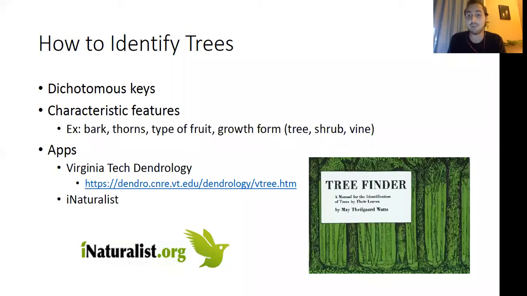The app is somewhat of a combination of a dichotomous key and iNaturalist, where it will use your location as well as a selection of features that you choose that helps identify the individual you're looking at. The only difference between the two is that the Virginia Tech Dendrology does not use pictures to identify your tree. Both are very useful.